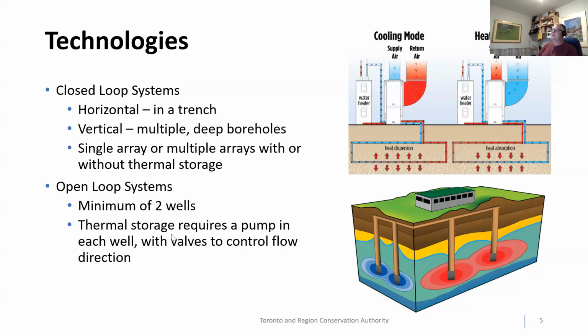And so for a closed loop system, they can either be horizontal in a trench, vertical, and single array, multiple arrays, and they can have thermal storage as well. With open loop system, you need a minimum of 2 wells, one for withdrawal and one for injection. And if you're going to do thermal storage, you have to have valves and electronics to control the flow direction.